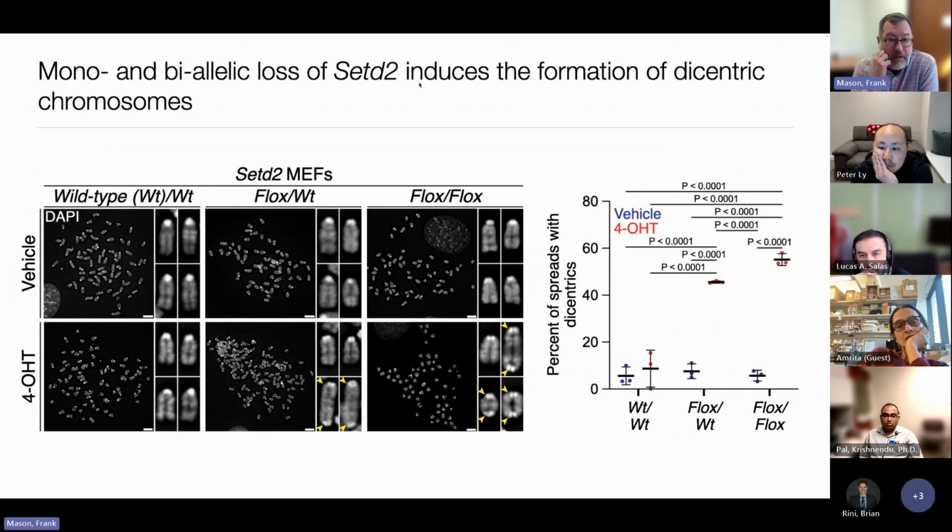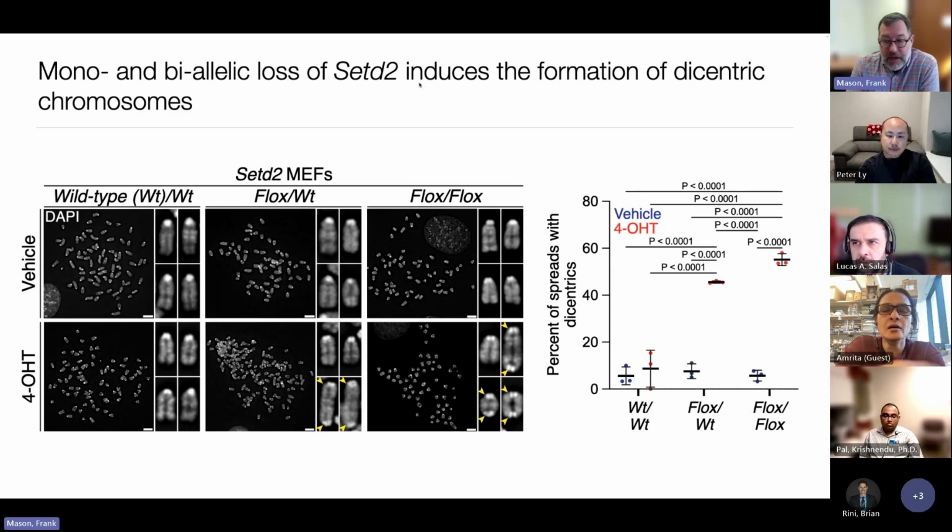And so here we isolated metaphase spreads from SETD2 MEFs, here with wild type, FLOX wild type or FLOX cells. We can add tamoxifen to acutely deplete one copy of SETD2 in the middle panel or two copies on the far right. And then we just asked how frequently do we see changes in the organization of the chromosomes.